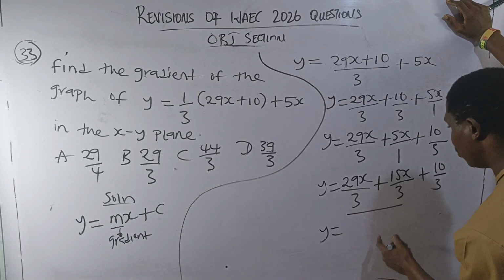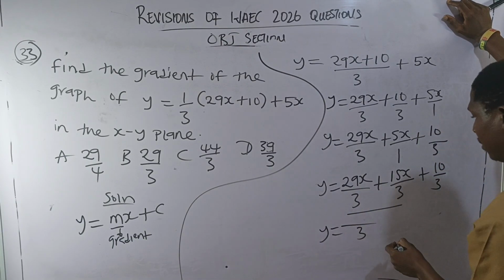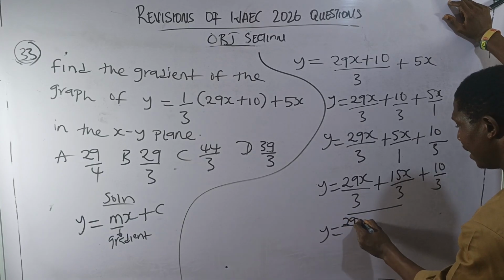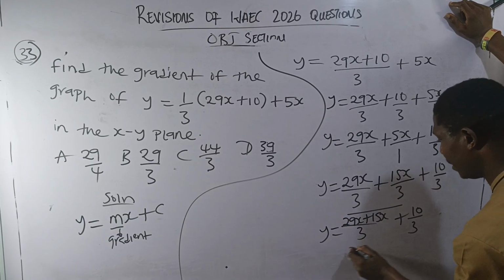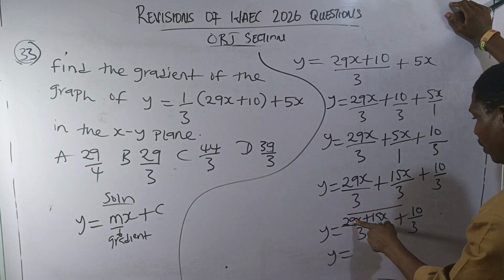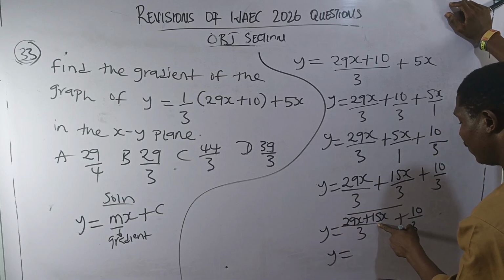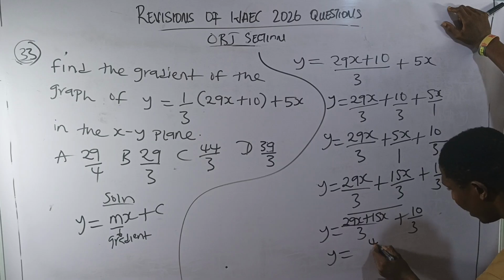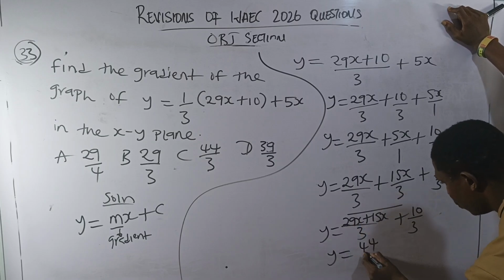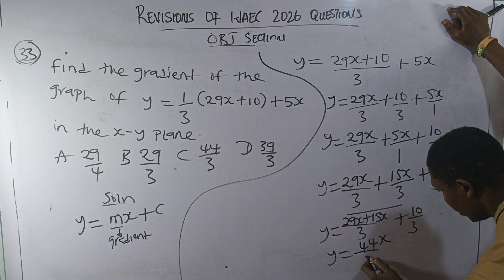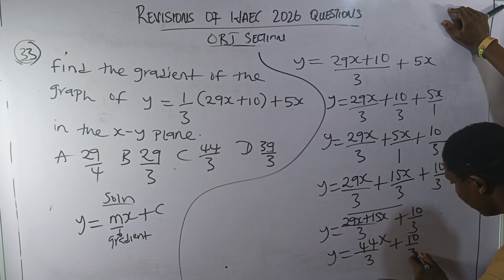I'm focusing on this and this, remember. So my y will be equal to, the denominator therefore is 3. So I have 29x plus 15x plus 10 over 3. And y will be equal to 9 plus 5 will give me 14, 4 carry 1, plus 1, 2, plus 2, 4. So I have 44x over 3 plus 10 over 3.